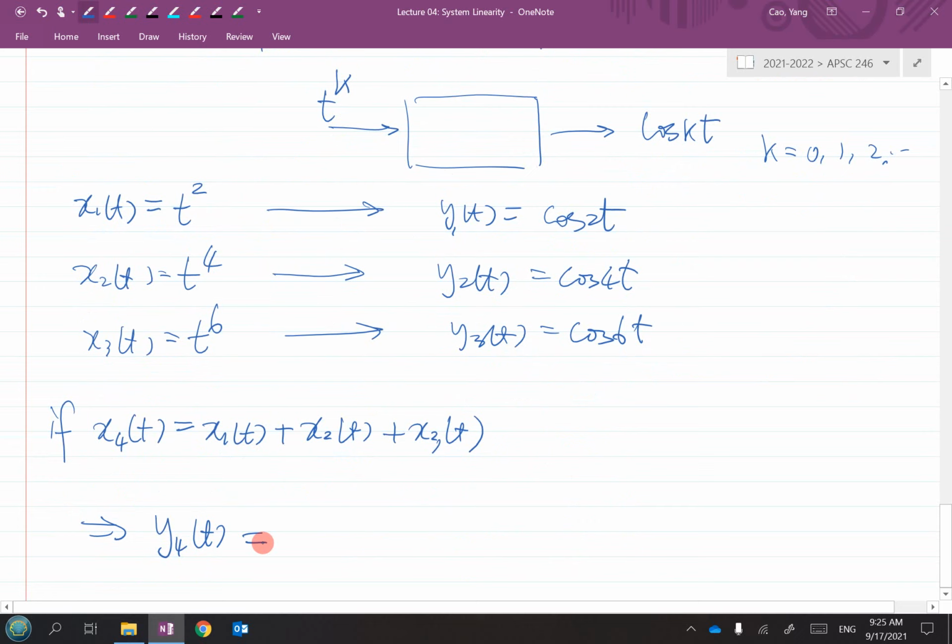We don't even know what the system equations are. All we know is the system is a linear system. Now I have a new input added here. What do you think the new output would be?